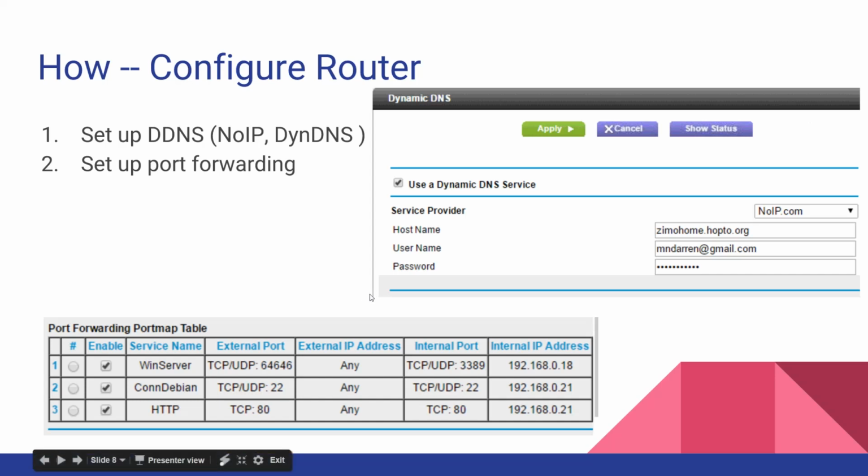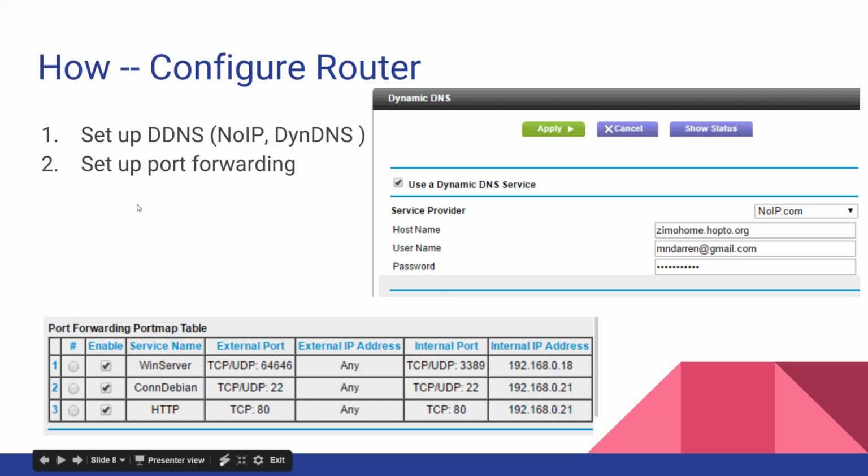This one, I opened the 3389 TCP/UDP port for the virtual machine. Actually, the virtual machine is a Windows server virtual machine. This is the IP address.